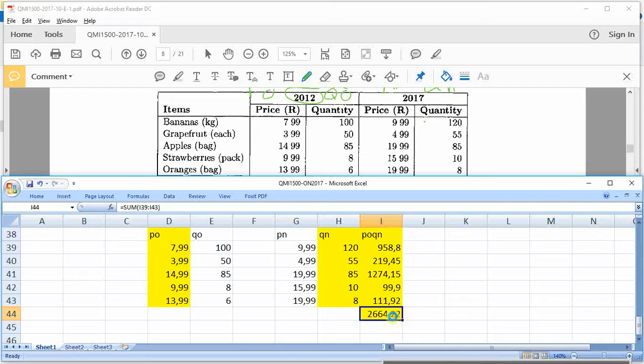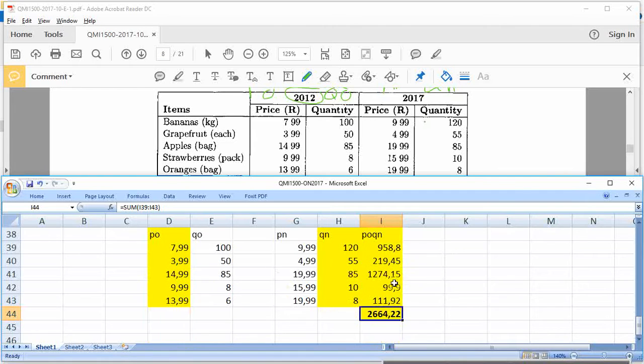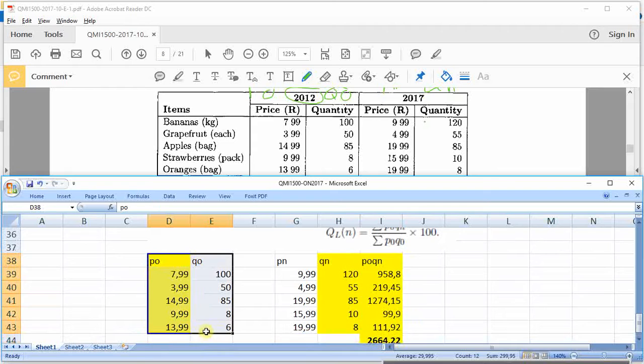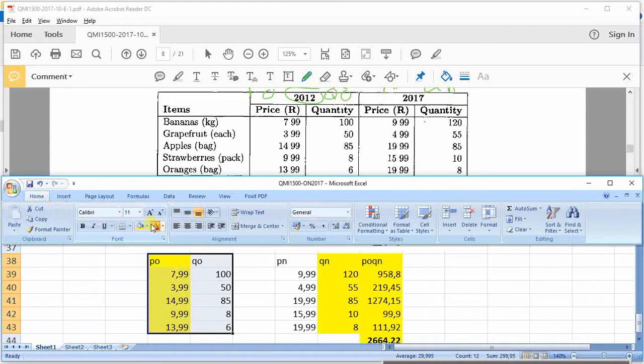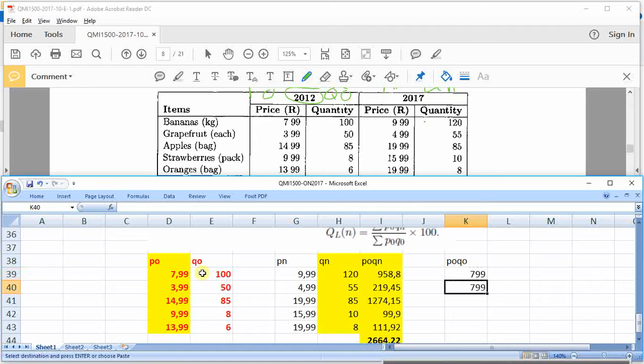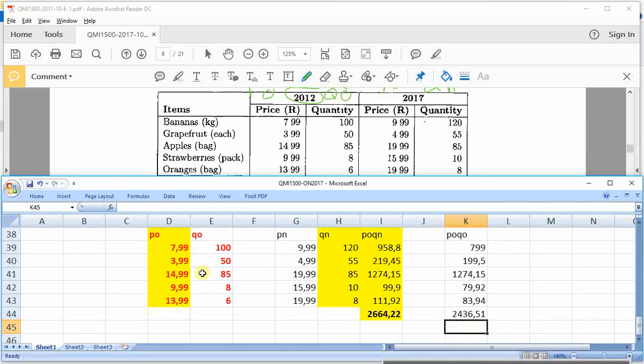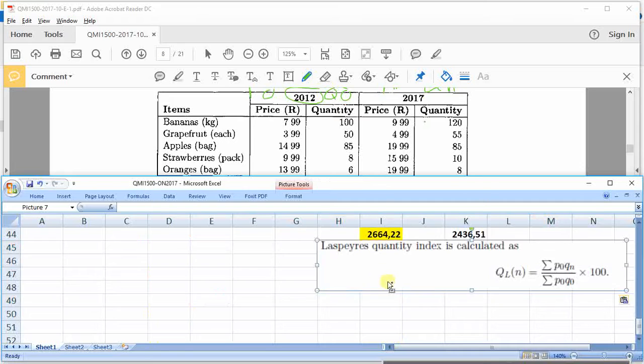That's the numerator. Okay, then P0 times Q0. So these two times together. Alright, so P0 times Q0, and then sum it up. Okay, then the formula says, copy that, paste that there.